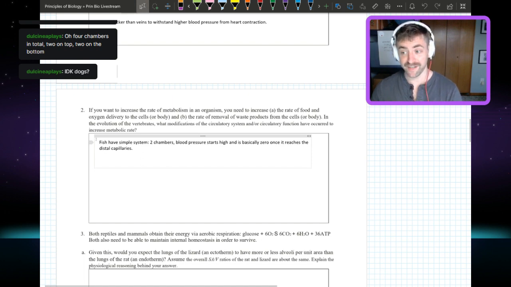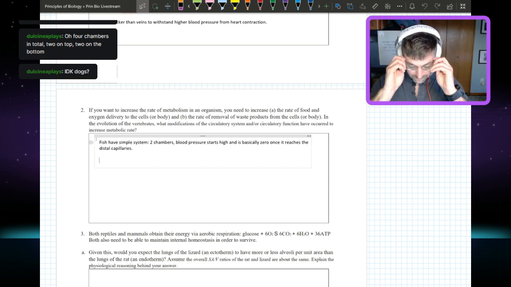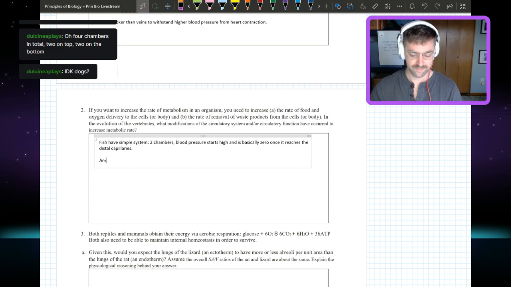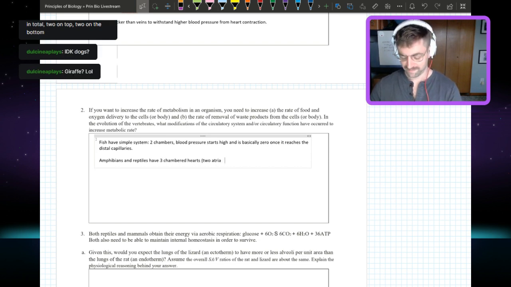Somewhere between fish and dogs, we have tetrapods that are a little more different. Many reptiles, not all. Also mammal. Giraffe is also a mammal.